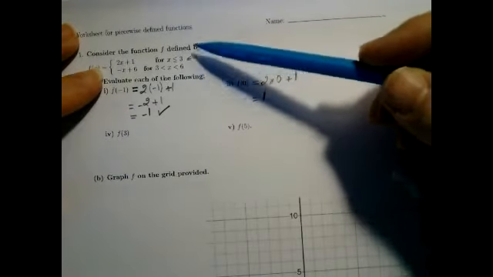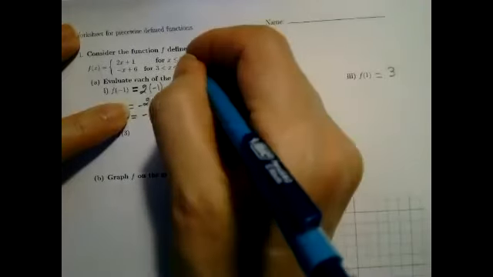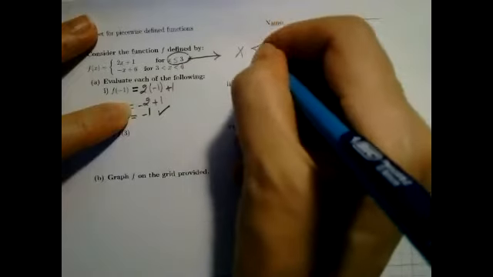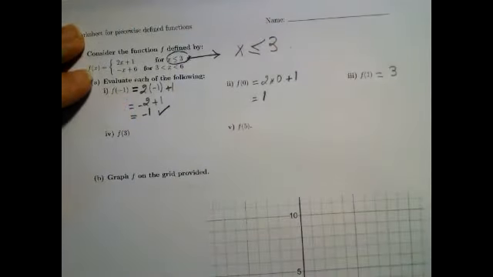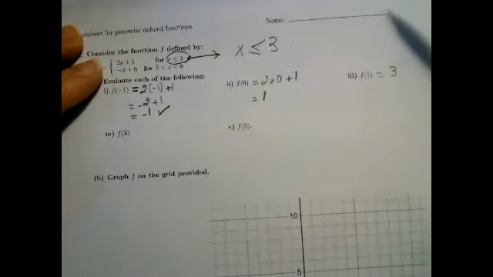No. Because what's written here? Can you read that? This is x less or equal to 3. Oh, I thought that was a 1. I know. That's all right. Do you understand? So what's f of 3? Olivia? It would be 7. It will be 7.